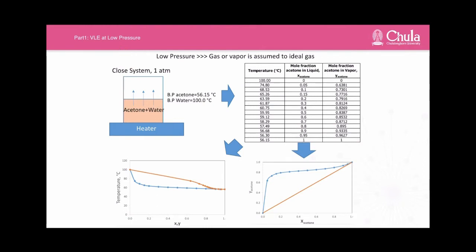Then once we induce the vapor phase, we can separate the liquid phase and vapor phase easily. And the vapor phase has different components, so we can induce a new phase with totally different composition, right?